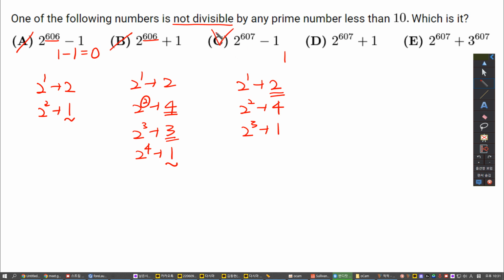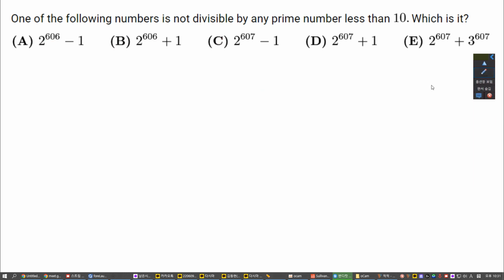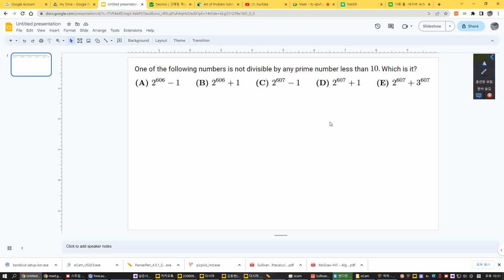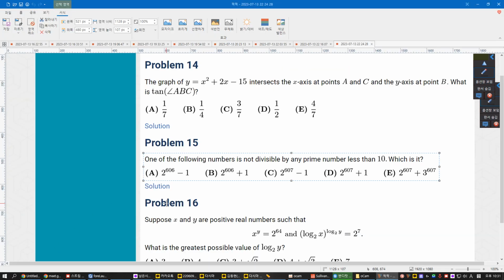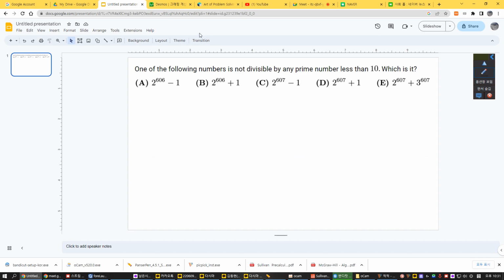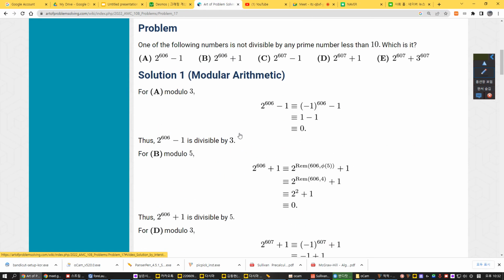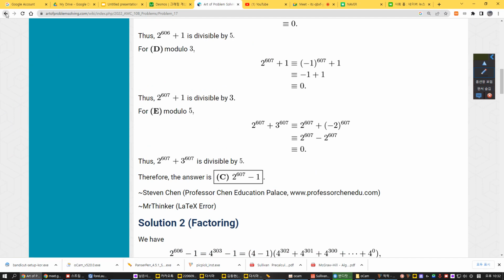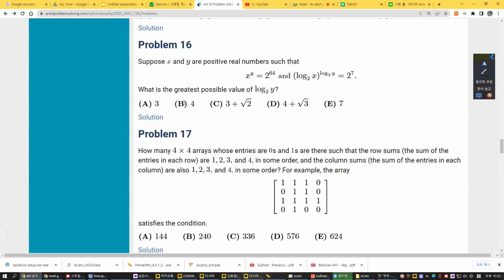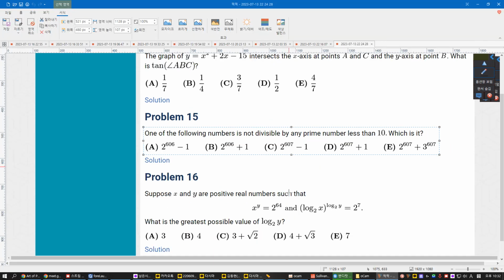So the answer is C. And for number 16, we need to use a logarithm.